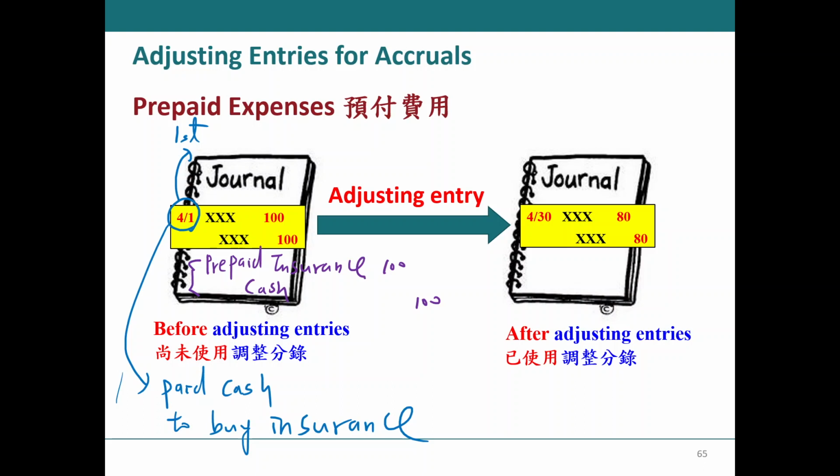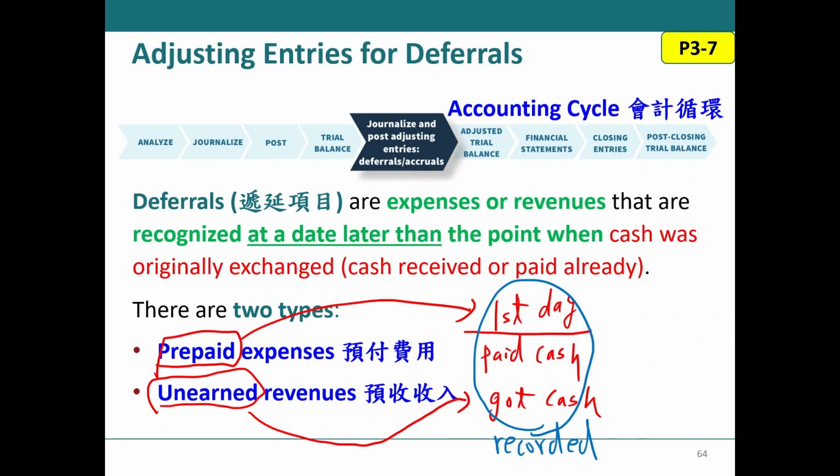So what we are going to do is change the numbers, change amounts to the correct one. That's our purpose. For the second group, deferrals, like prepaid expenses and unearned revenues, our purpose is not to record the transaction, because we recorded the transaction on the first day.